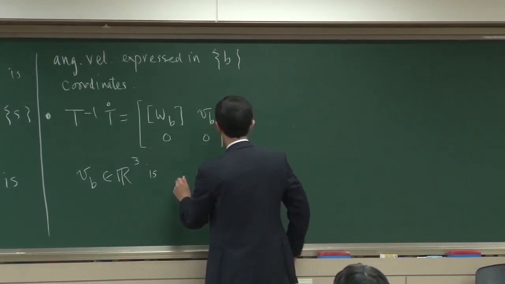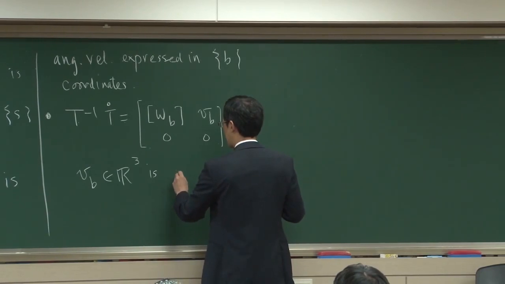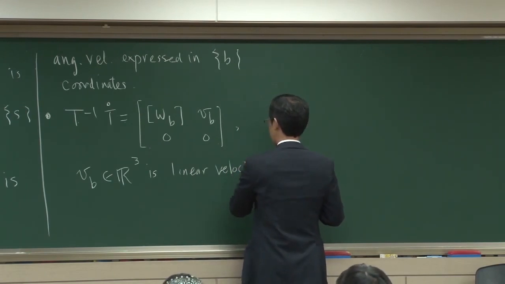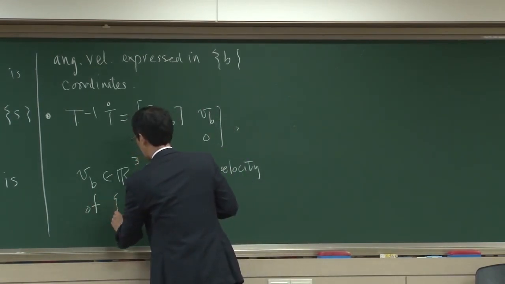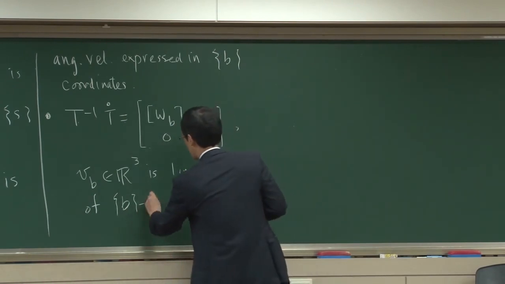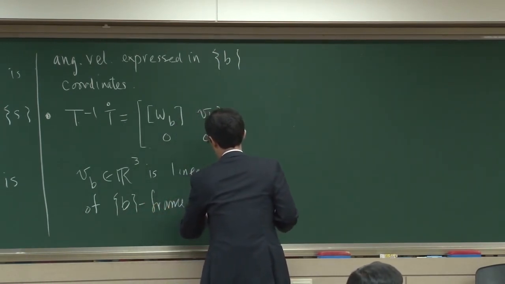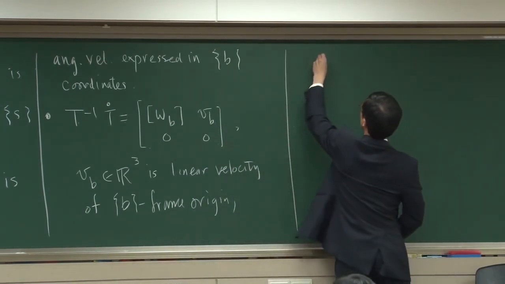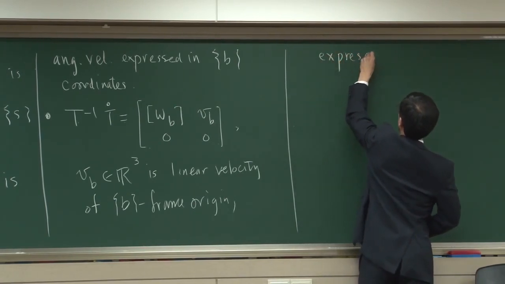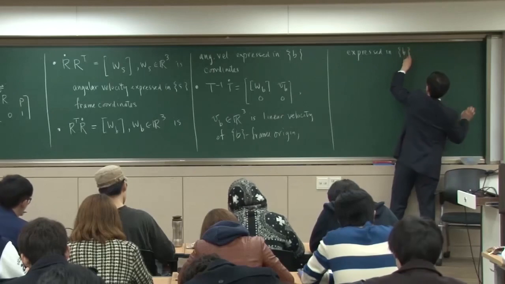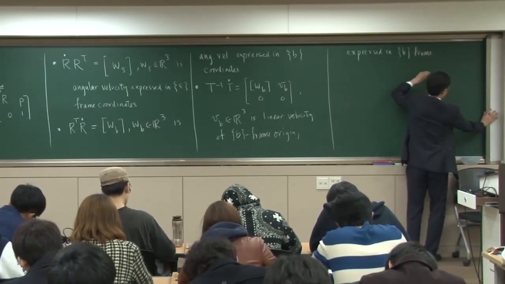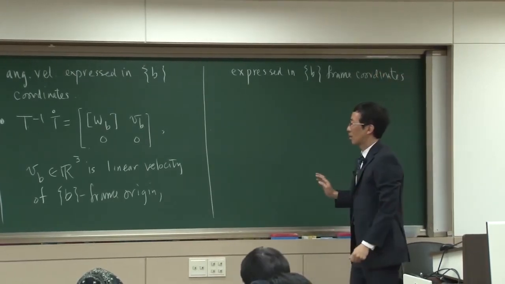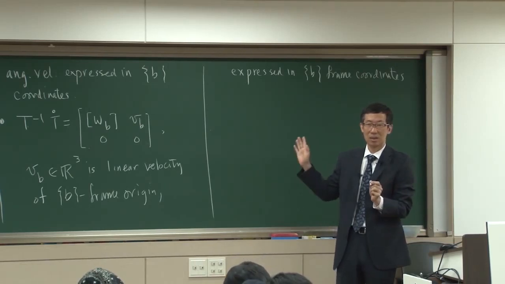So this is the linear velocity of the B frame origin, expressed in B frame coordinates. So I think it's pretty clear what v sub b is.